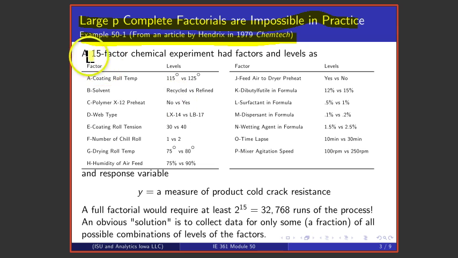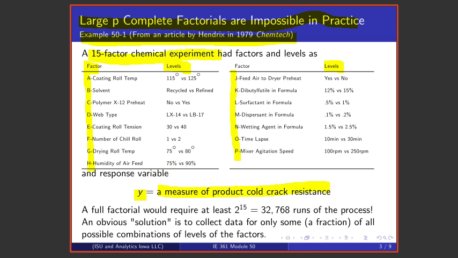He considered a 15-factor chemical experiment. Each factor had 2 levels, so we've got factors A, B, C, D, E, F, G, H, J, K, L, M, N, O, P, and the levels are listed for each of those factors. The response variable was a measure of cold crack resistance for a product.